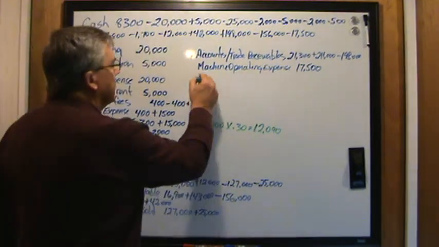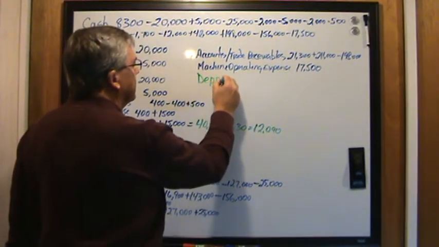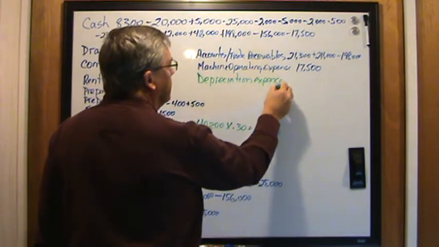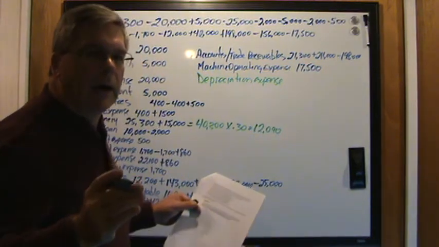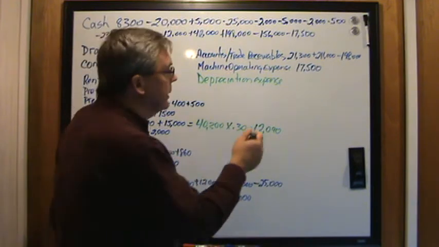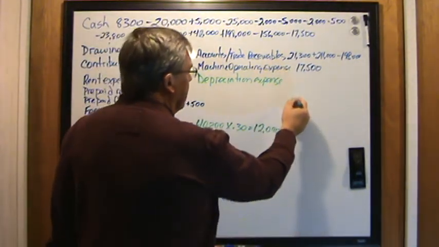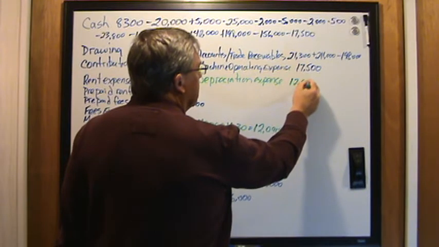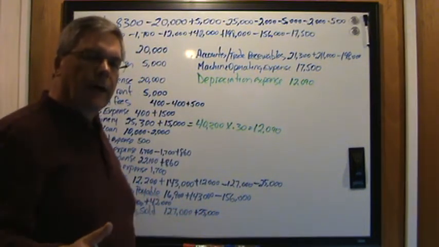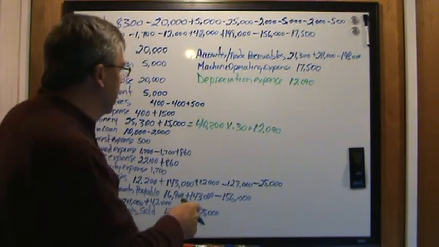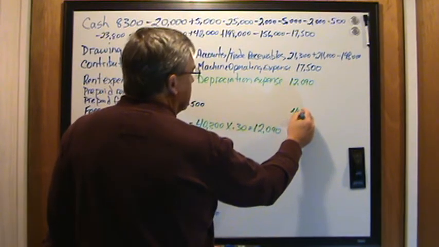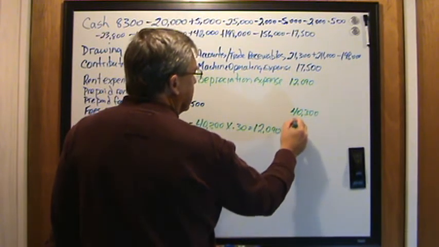So up here we're going to put depreciation expense. And this has nothing to do with cash. The cash is long gone. This is strictly an allocation that we talked about when we studied depreciation. So depreciation expense is going to be 12,090. And the other half of that transaction is putting it into accumulated depreciation, or in this case, we're just going to subtract it from the 40,300.